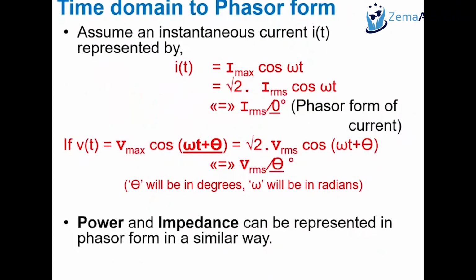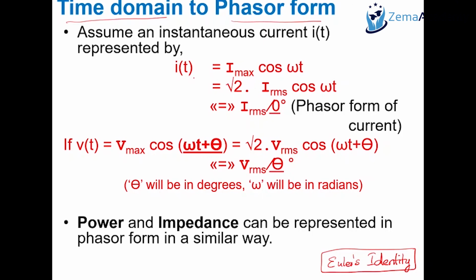For electrical engineering, the polar form is much more useful. The reason being, you can translate things between the time domain and the phasor form relatively easily by using what is called Euler's identity. We don't need to know what that is in detail, but there's a simple way to remember it.